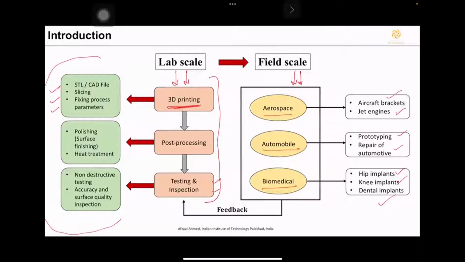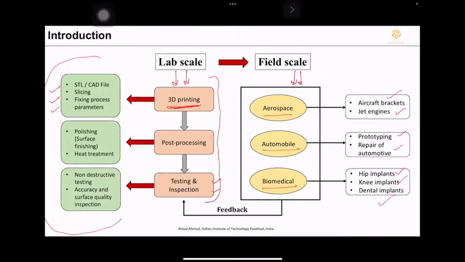Let's say we are talking about the aerospace industry. The size of the components is very big, so certain things which we do at lab scale may not be applicable on such a big component. So you have to develop testing facilities for such components. Let's say a jet engine component, such a big component, or a part of a fuselage of an airliner.